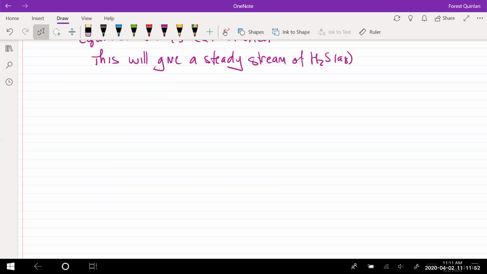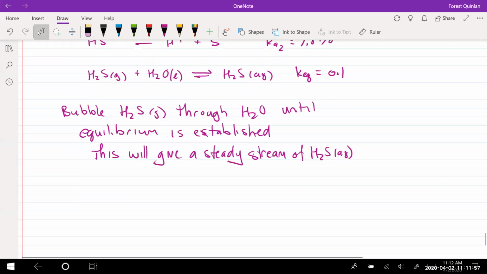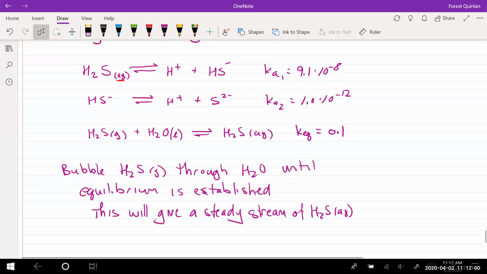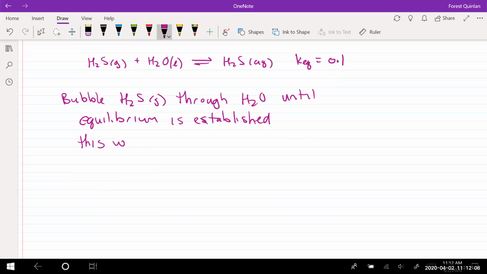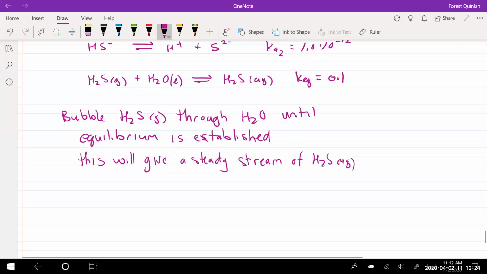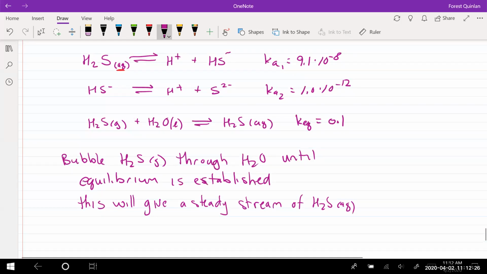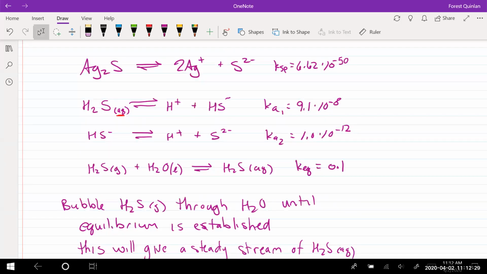I'm going to do this for you mathematically. So if I basically have a constant stream of H2S gas coming through there, it will give us a constant amount of hydrosulfuric acid.